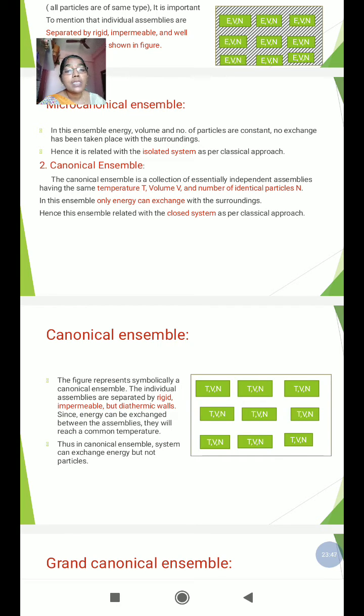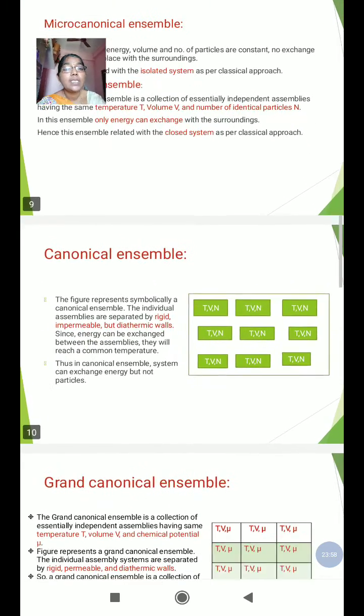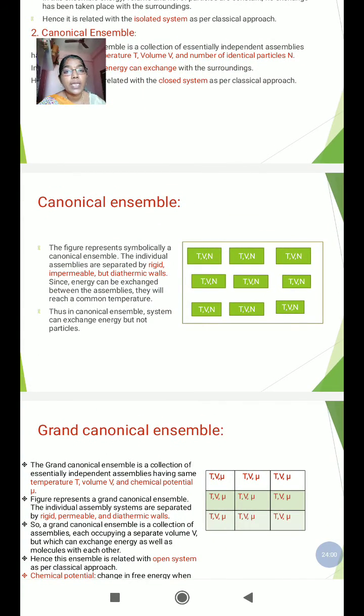Up to the point where all the systems come to a common energy, common temperature; until then they can exchange the temperature. Okay. So this canonical ensemble can exchange only energy but not particles. Particles will not exchange in the canonical ensemble because all these systems are separated with impermeable walls. Right? Impermeable means there is no chance of exchanging particles.